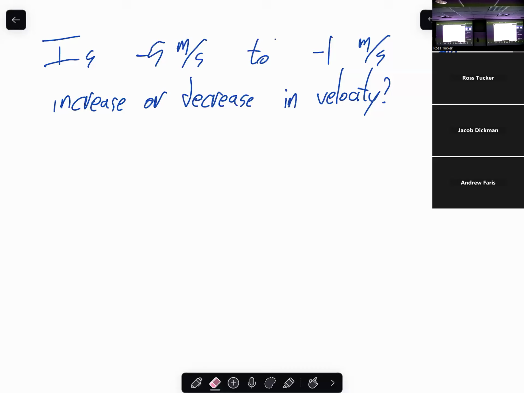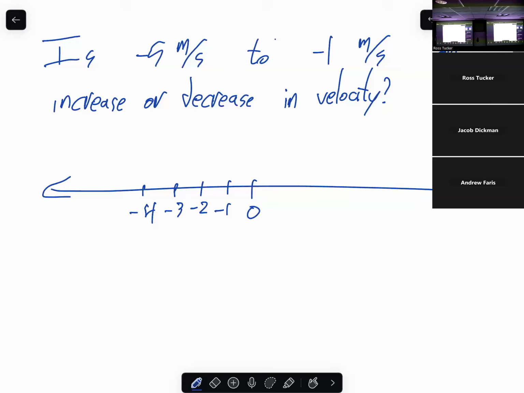Okay, I still have disagreement here. I'm leaving half of the people wrong, or right, now. I claim that on the number line, let's draw a number line. Here's my initial, here's my final.